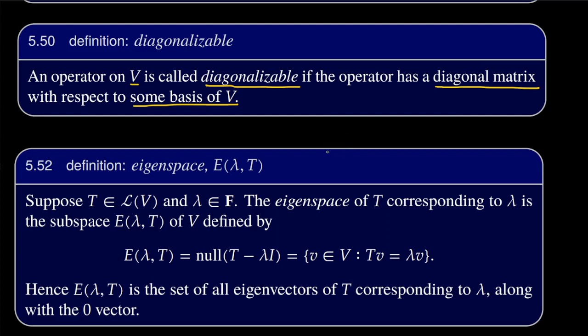An operator on V is diagonalizable if you can find a basis that makes its matrix upper triangular and such that the dual map is also upper triangular. Recall that the dual map of a linear map with respect to the dual basis was just the transpose of the original matrix.